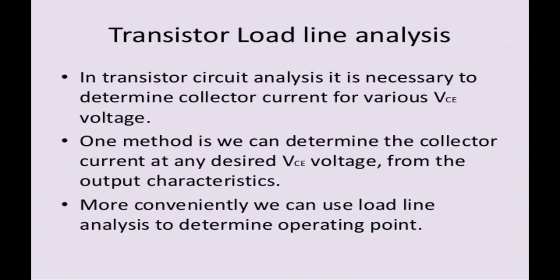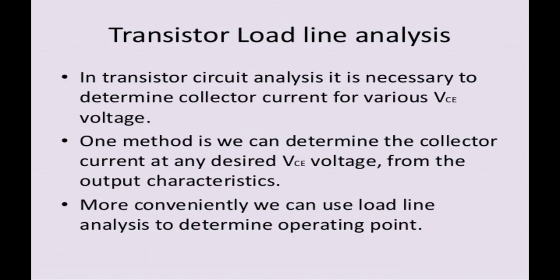Same for this, and next is load line analysis. What is meant by load line analysis? I already told you the output resistance is very high in the common emitter configuration, because we want a high output. That's why, in transistor circuit analysis, it is necessary to determine the collector current for various collector emitter voltage ranges.